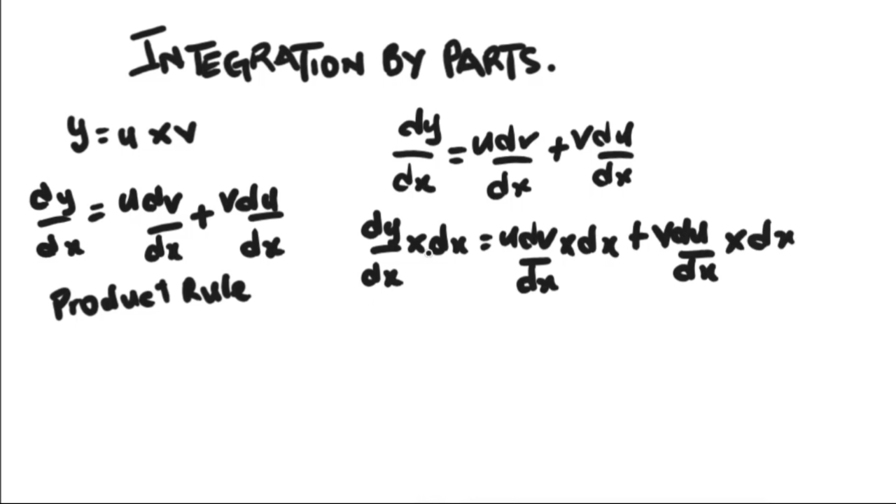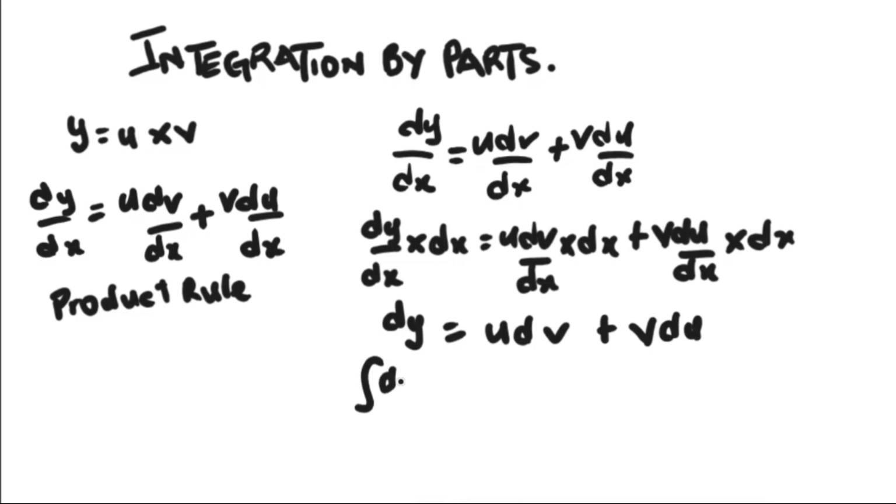So dx cancels dx, and we are left with dy equals u dv plus v du. Now, if I integrate both sides, integral dy gives us integral u dv plus integral v du.